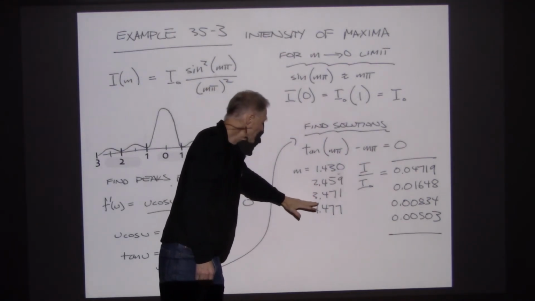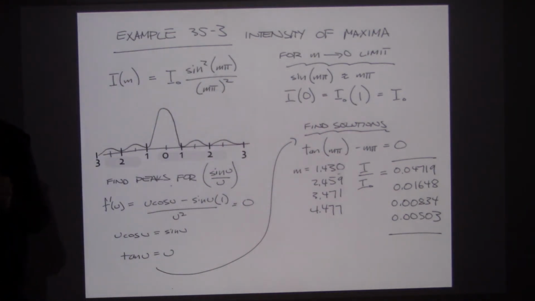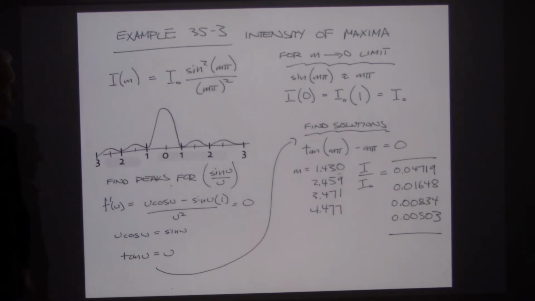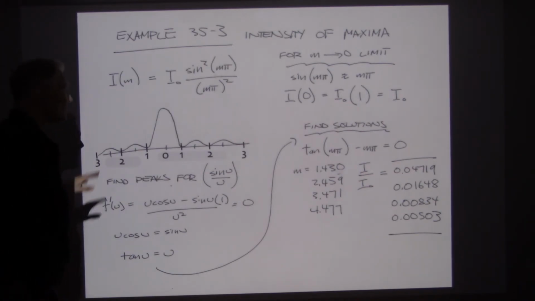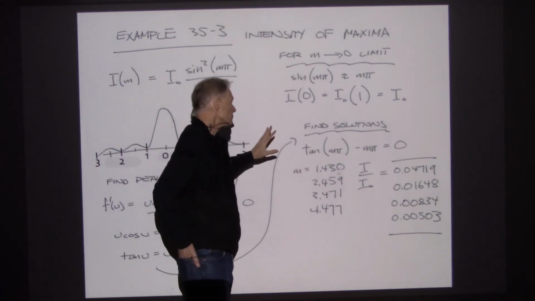As I look at these other fringes, the peaks are getting closer and closer, I think, to being located at a half integer value, but that process isn't happening super fast. Okay, so sometimes we approximate this as 1.5, 2.5, but we don't have to.